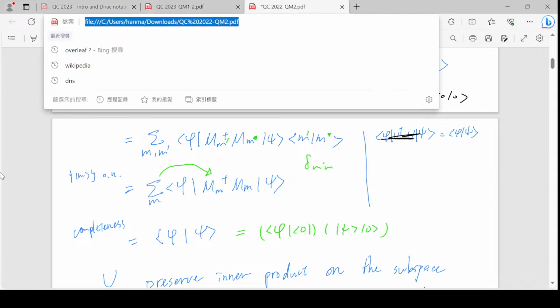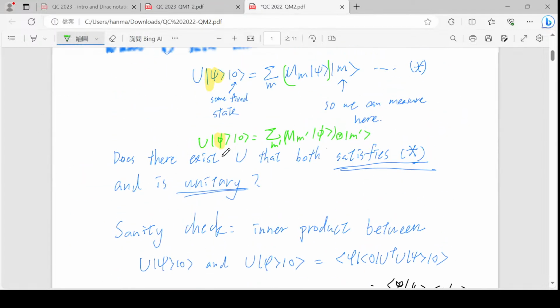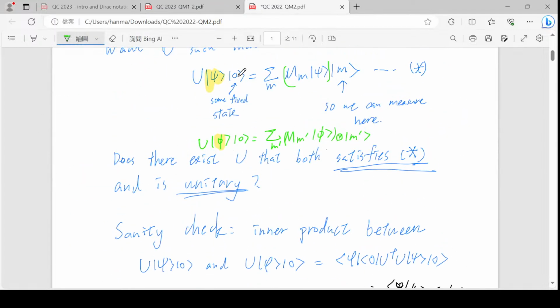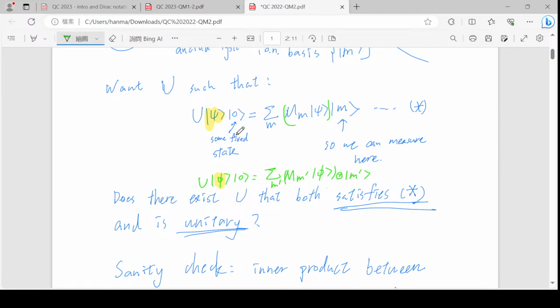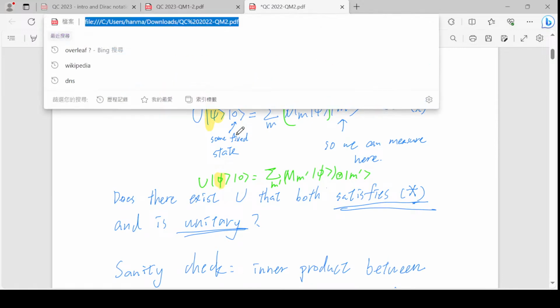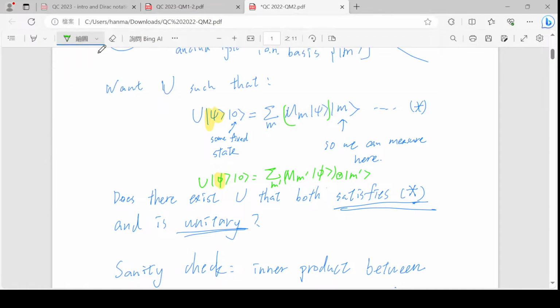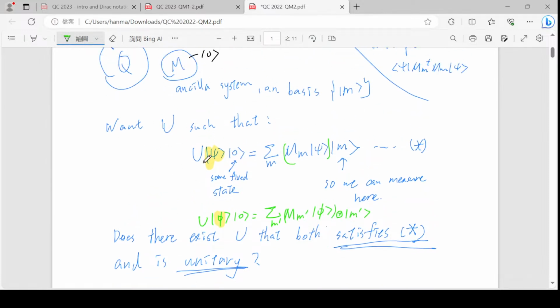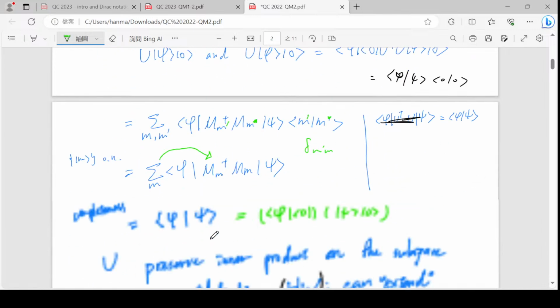So we know that at least when we restrict the second register to being 0, then this U is preserving inner product, so that's nice.